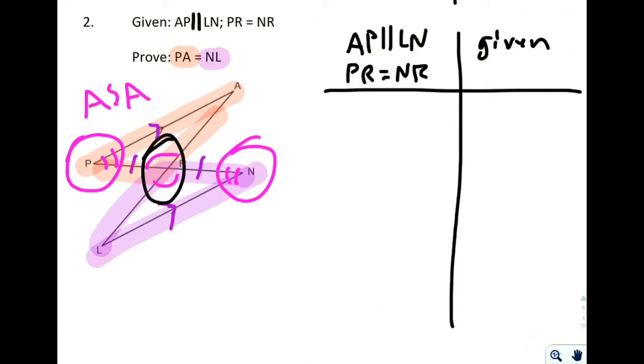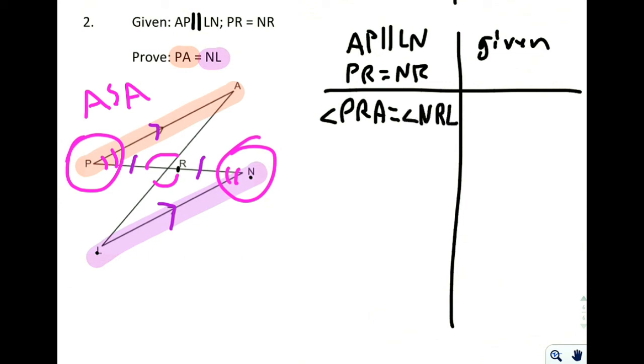So we're going to say that angle PRA, we're going to use 3-letter names here because we have 2 angle R's, is equal to angle NRL. Always use your angle signs. And the reason we got that again was vertical angles.